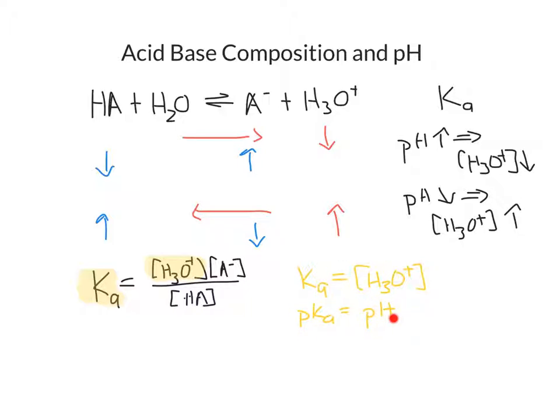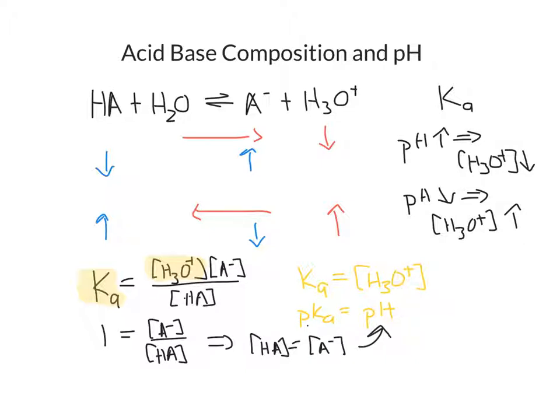So if I make up a solution such that the pH is equal to the pKa, then I can rearrange this equation and see that 1 is equal to A- divided by HA. And so the ratio of the conjugate base to the conjugate acid is equal to 1, or I can say that the conjugate base concentration and the conjugate acid concentration are equal when pH equals pKa.